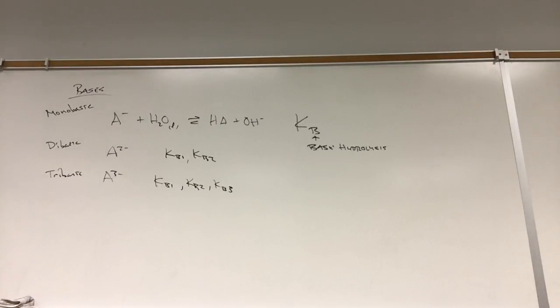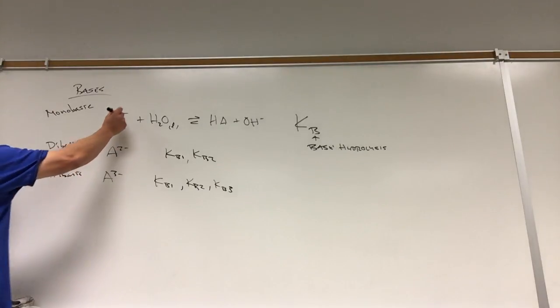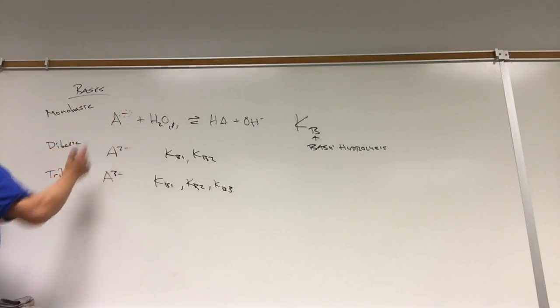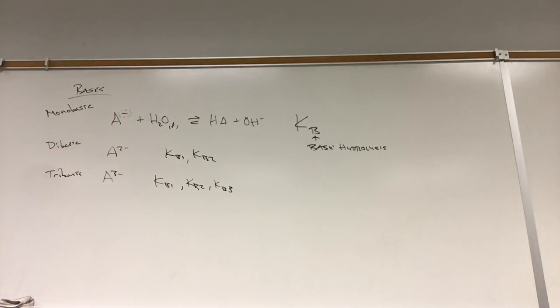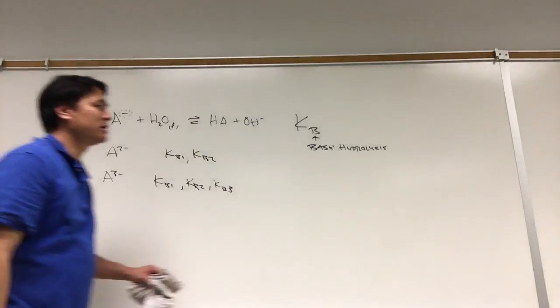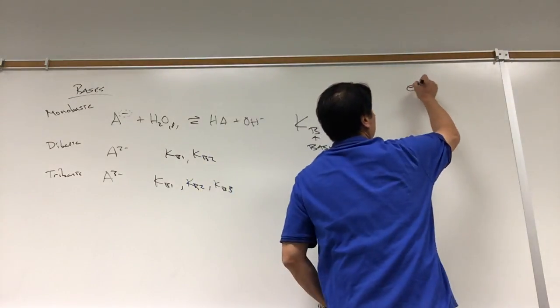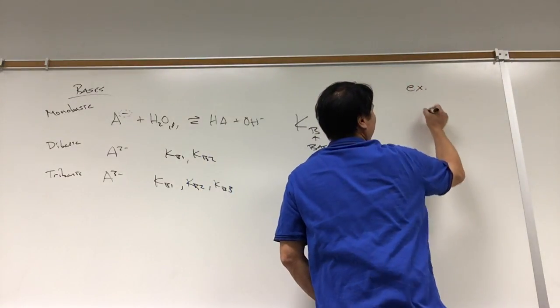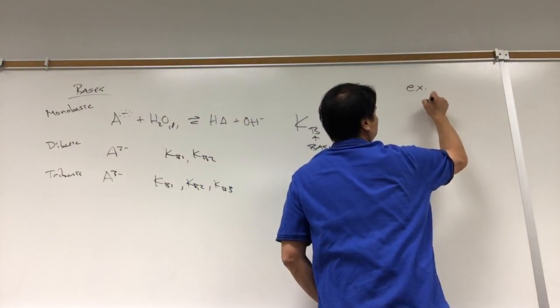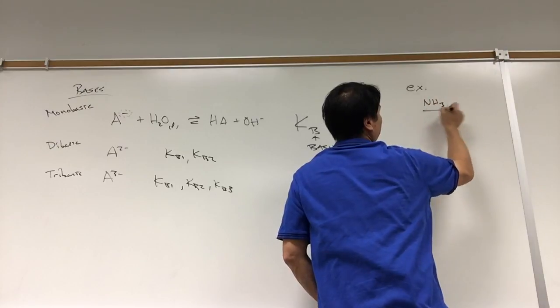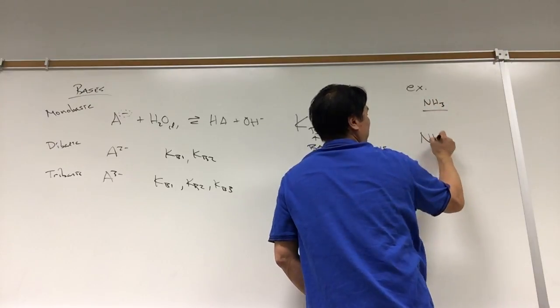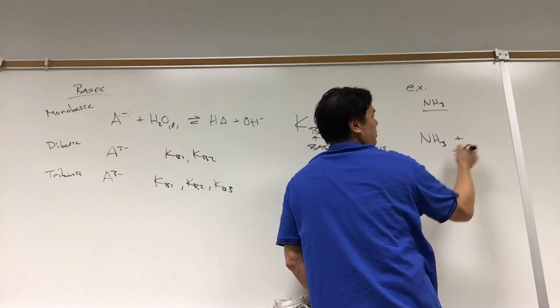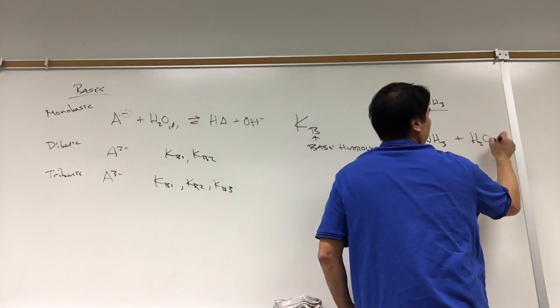The charge here doesn't have to be negative. It can also be neutral if we're dealing with an amine. So let's take a look at an example where it's neutral. The example would be something like ammonia, NH3. The equation is NH3, which is neutral itself, plus H2O liquid.